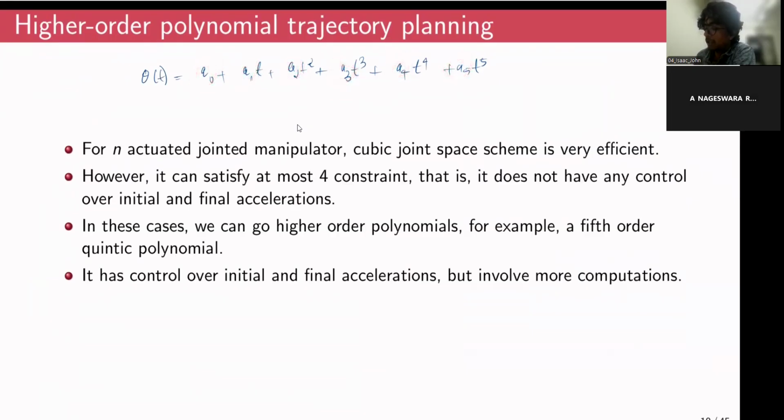Due to the fact that we have 6 coefficients, we require 6 boundary conditions to solve for these constant coefficients, which can be your initial position x0, initial velocity x0 dot, initial acceleration x0 double dot, and your final position xf, final velocity xf dot, and final acceleration xf double dot.